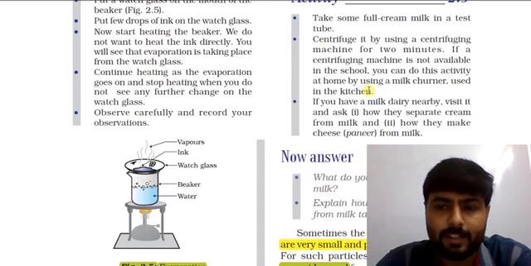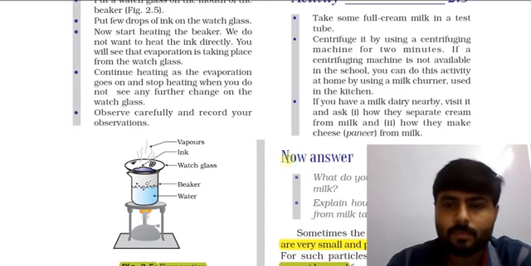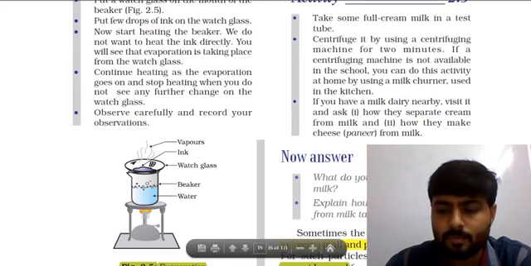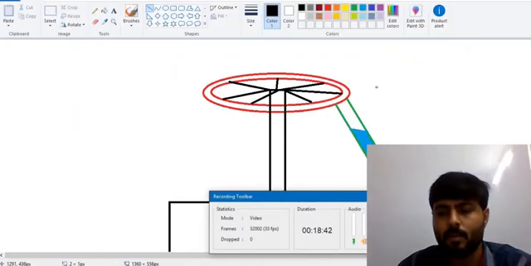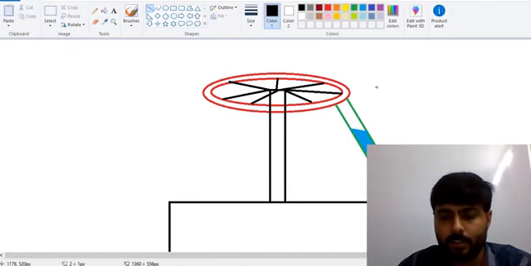Now what is a centrifuging machine? A centrifuging machine is a structure like we see in a merry-go-round in a fair. Here you can see how a centrifuging machine looks like.